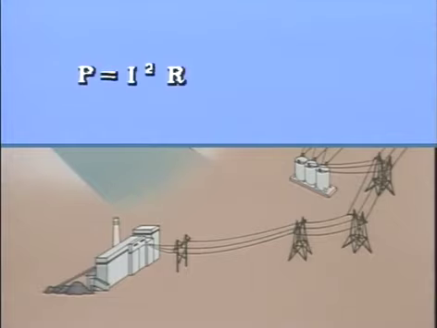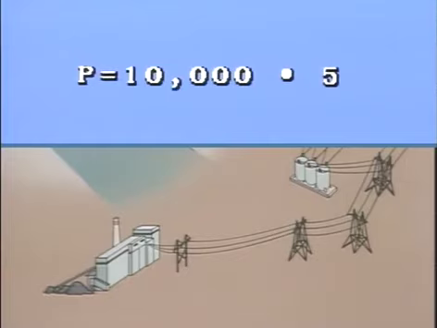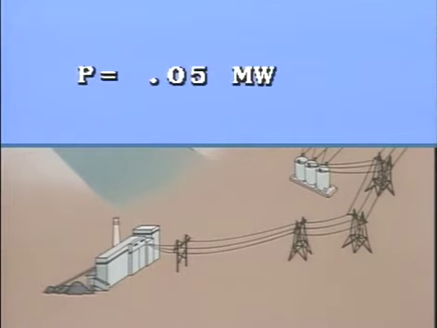Now the current can be used in the equation P equals I squared R to determine the power loss for this system. This time, the equation reads P equals the quantity 100 squared times 5 ohms. Squaring 100 gives us 10,000 times 5, which is 50,000 watts, or 0.05 megawatts of power loss.